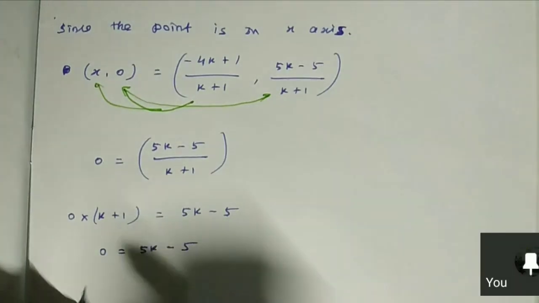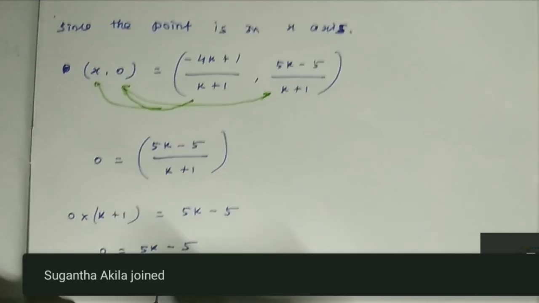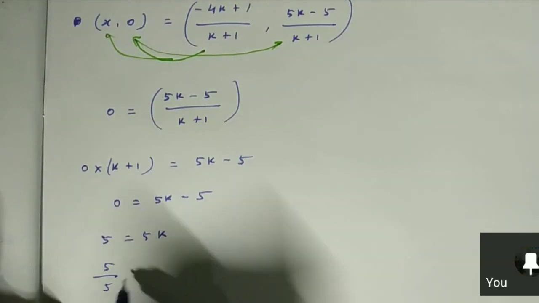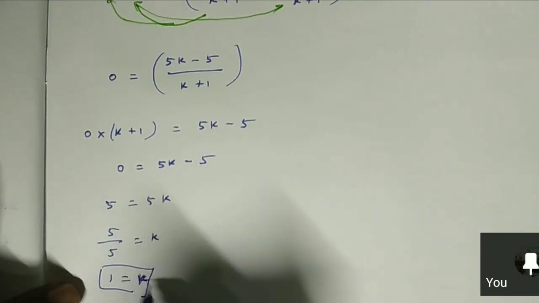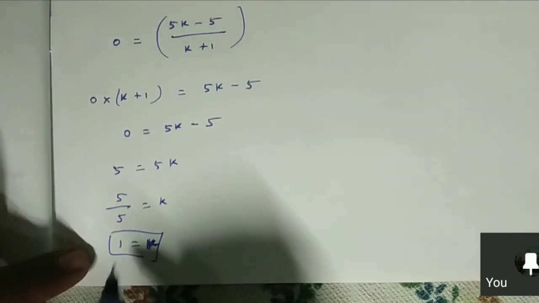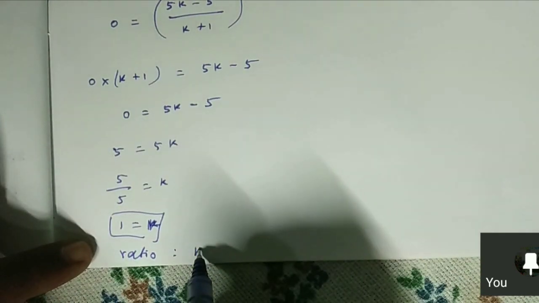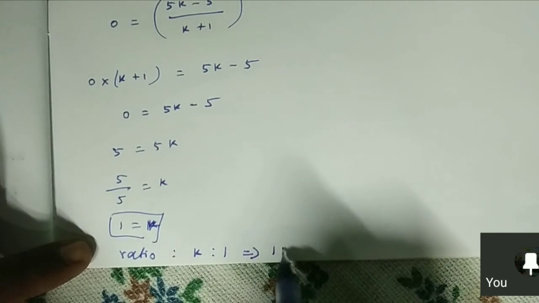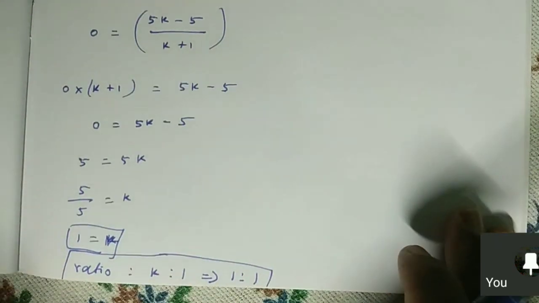Then the 5 becomes plus 5, so 5 equals 5k. Then 5 divided by 5 is equal to k, so k equals 1. So what is the ratio? k is to 1, which means 1 is to 1. The ratio is 1 is to 1.